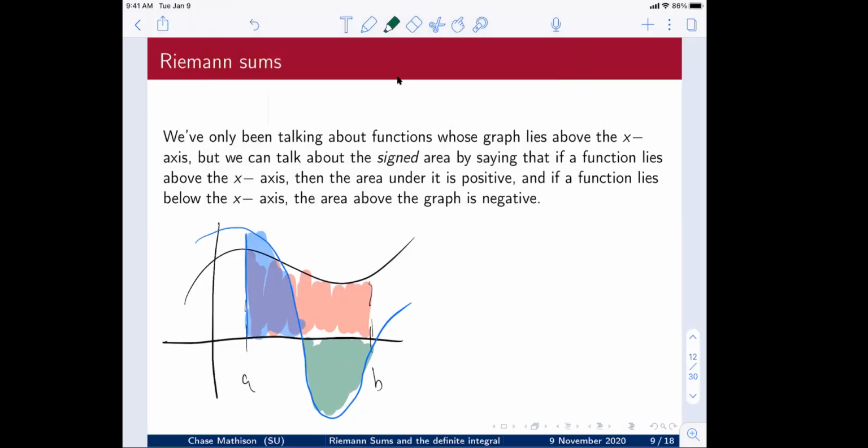I mean, that seems to make sense. If the curve lies below the x-axis, then that's not adding to the area that I'm finding, that's taking away from the area that I'm trying to find, because the function is negative there, okay?